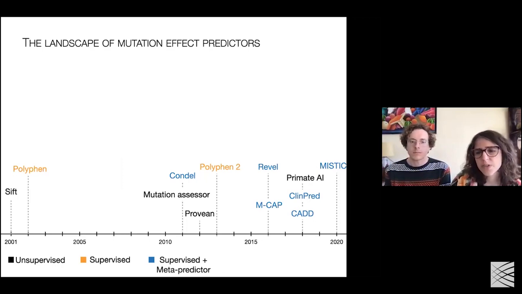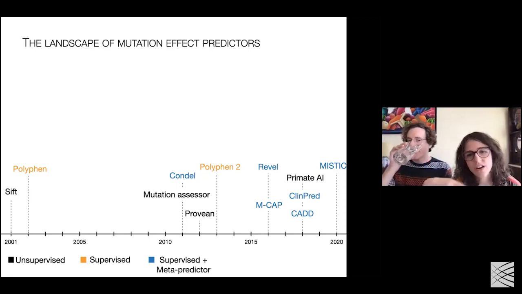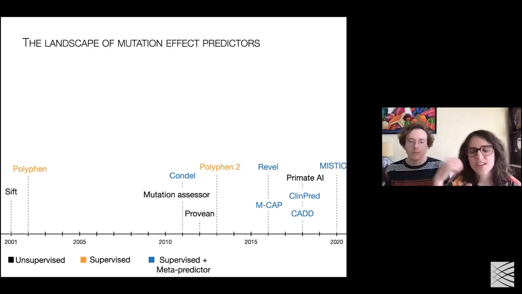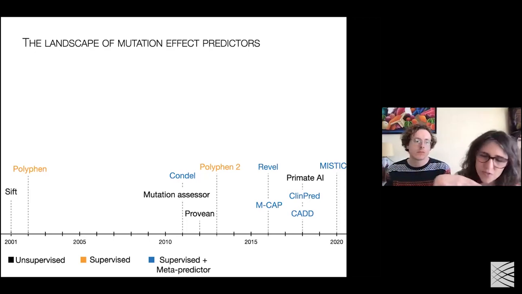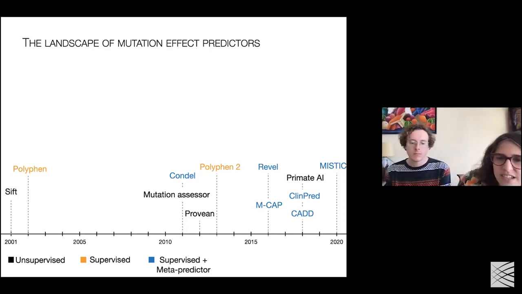But over the years, there's been many more models developed, a lot of them supervised, so learning, training on the increasing number of clinical labels, but also meta-predictors, which not only learn on the labels themselves, but also use as features other models, using results that basically guarantee that if you combine different models with different strengths and weaknesses, you're guaranteed to do better overall as a meta-predictor.